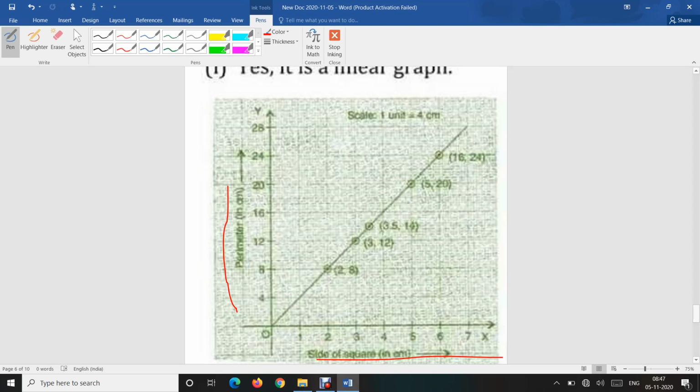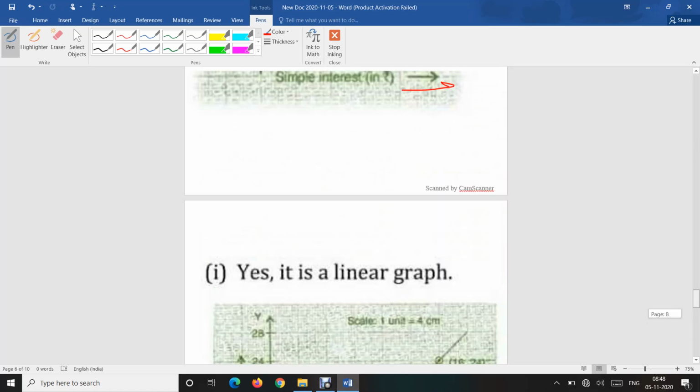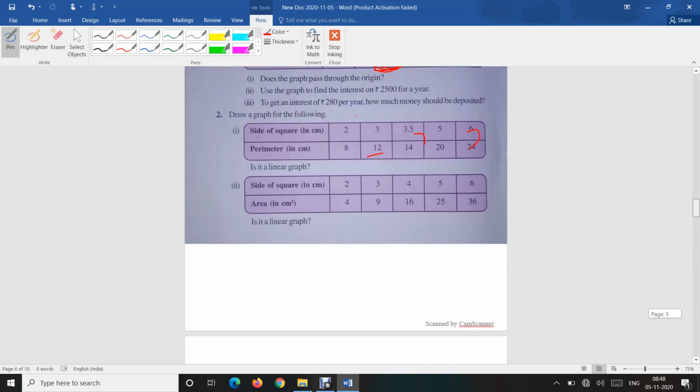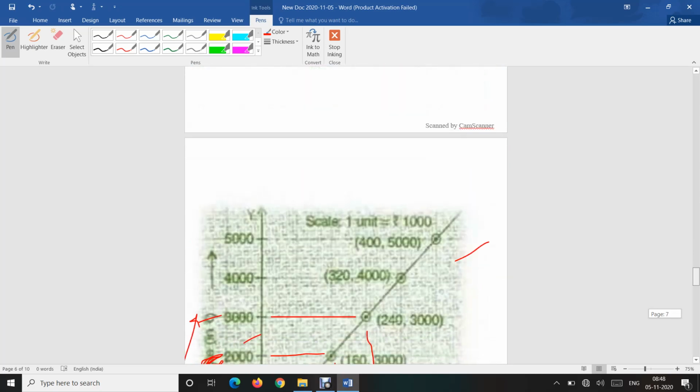For the side, when the side is 2, parameter is 8, so this will be the coordinate. When the side is 3, parameter is 12, so this will be the coordinate. When the side is 3.5, then the parameter is 14.